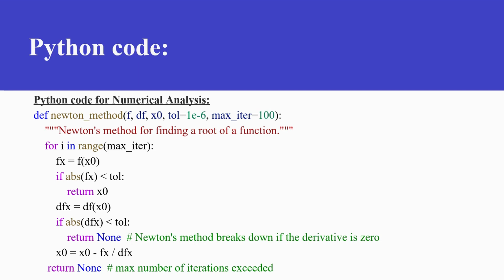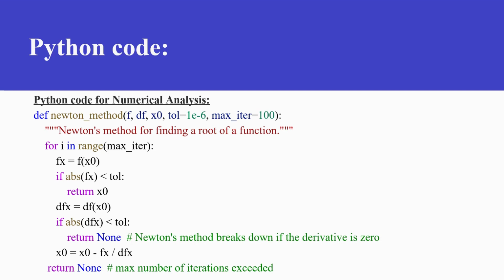After finding x1, we will find the difference between x1 and x0. If the difference between x1 and x0 is less than the tolerance, we'll stop at that x1 point. Or else, if the x1 minus x0 value is greater than epsilon, we move to the next iteration.